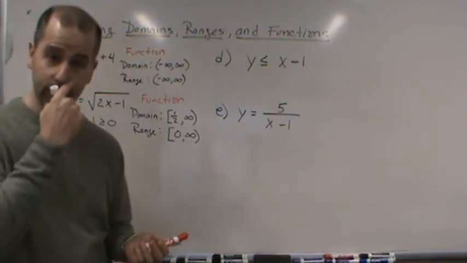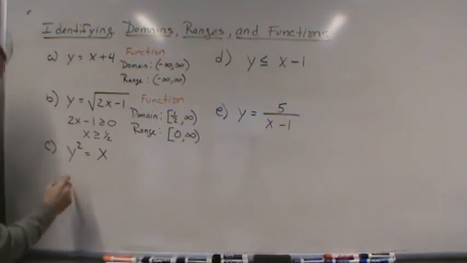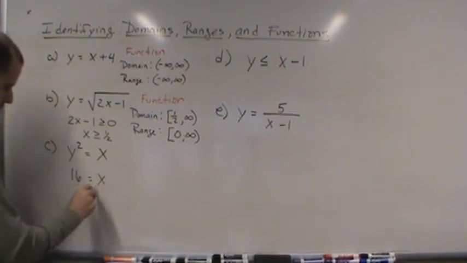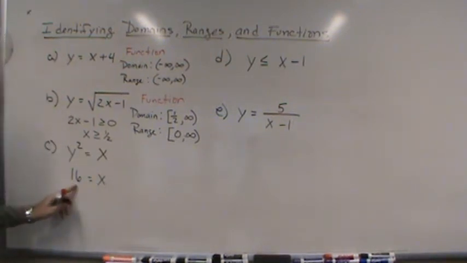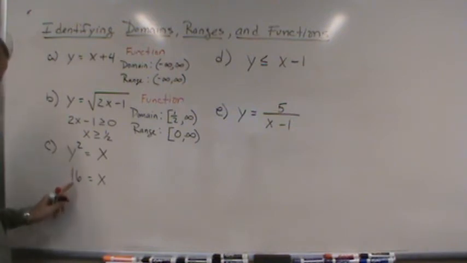Let's pick a perfect square. Doesn't matter, any perfect square. Let's look at 16 equal to x. What y value squared will give you 16?